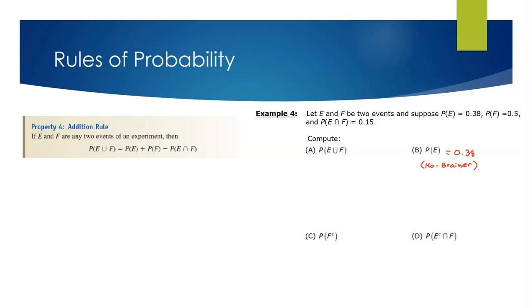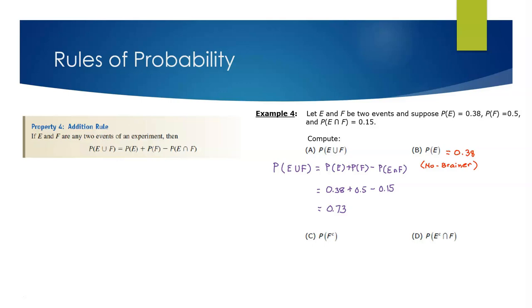As far as the probability of E or F goes, I could just use the formula that we have over here. I know the probability of E, the probability of F, and the probability of E and F. They're these. And so that's the substitution. And so when I then put them together, the probability of me being in E or F under these conditions is going to be 0.73.